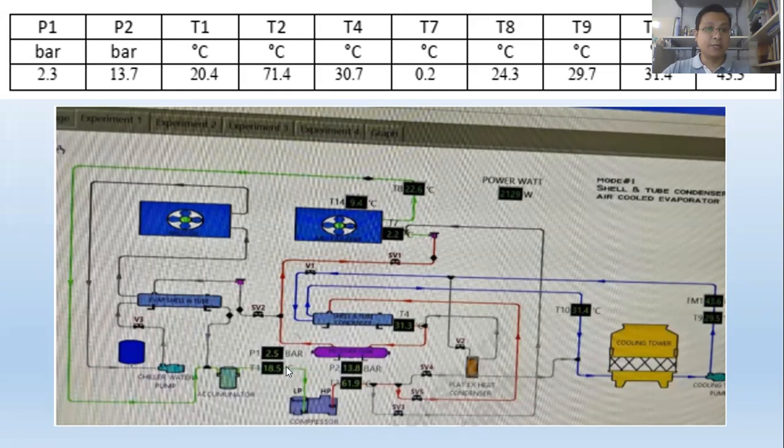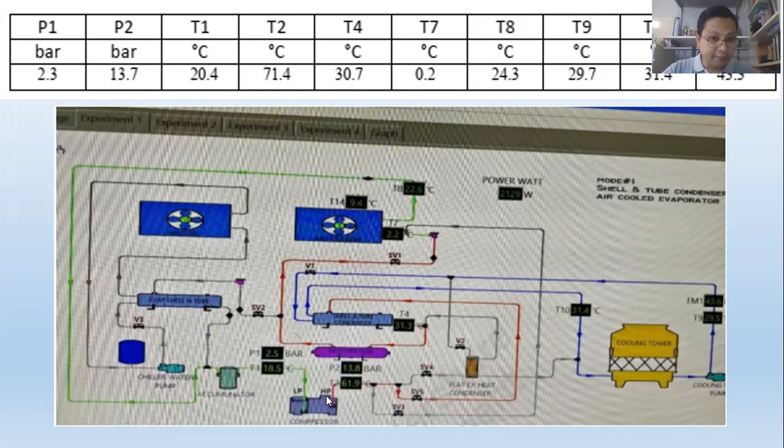So we can identify which one is T1, which one is T2. From the computing system, T1 is the temperature, yes, here, after the pump, correct? Sorry, T1 is before the pump. This one is the heat pump.